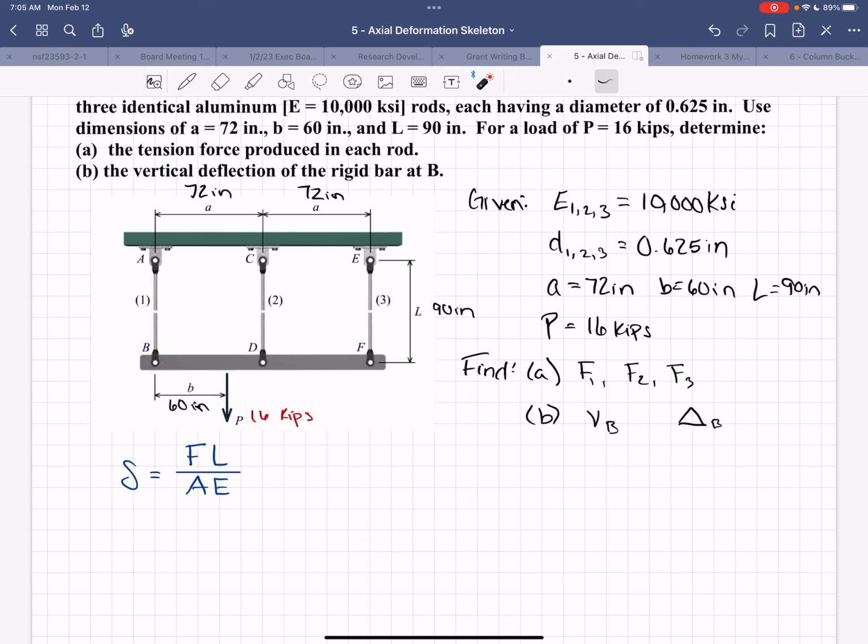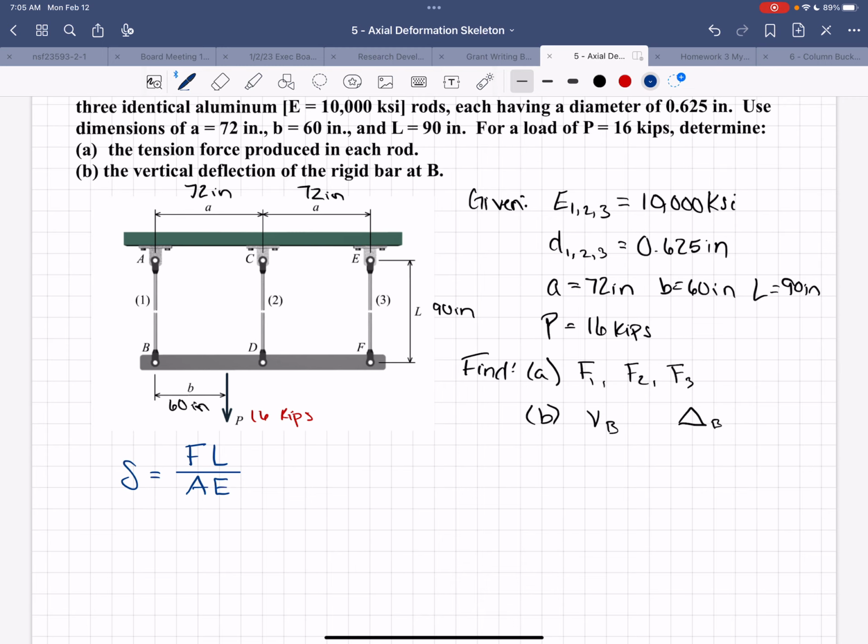But sometimes you'll be given a situation where there's actually a bar that's deforming. So there is a slight difference between a deflection and a deformation. A deformation is a change in length or angle of a material or a part that we're looking at. So just to try to clarify that a little bit.